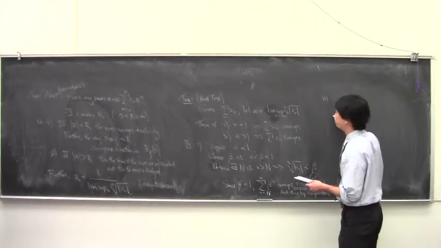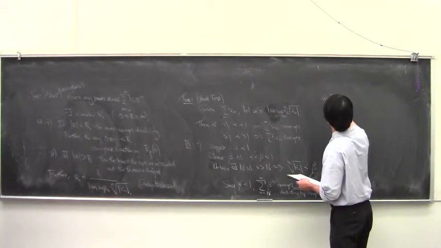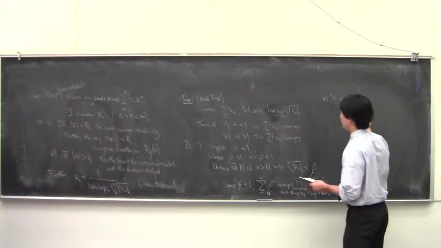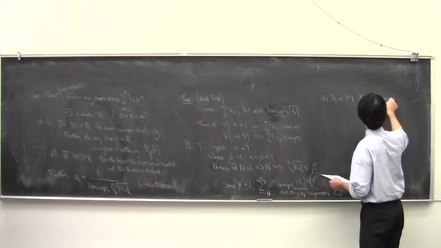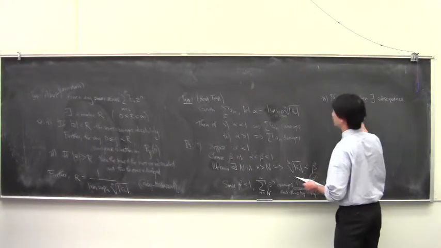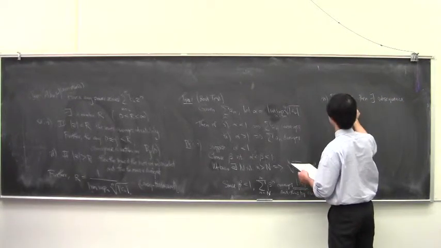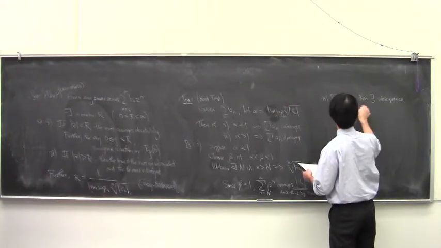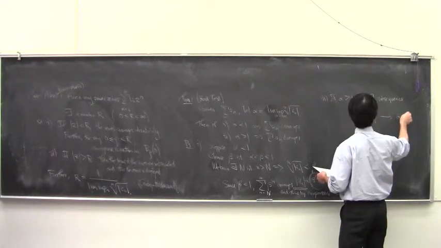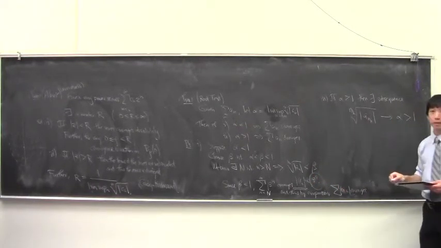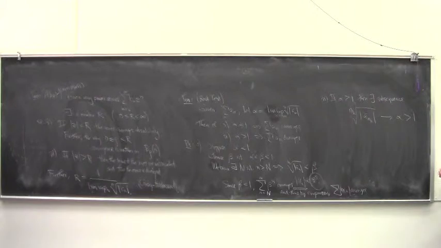Part 2. If the lim sup is greater than 1, then we know there exists a subsequence a sub n sub k that converges to this alpha, which is bigger than 1. Right? Because of the characterization of the lim sup, right?